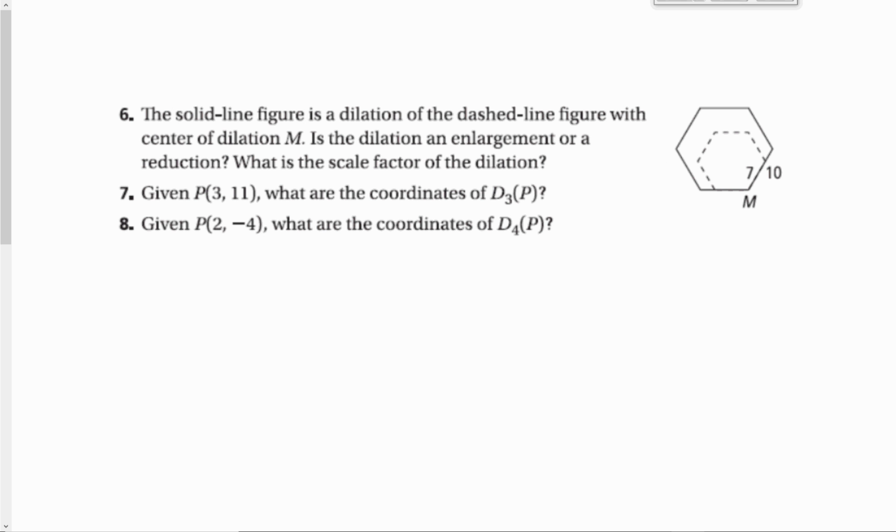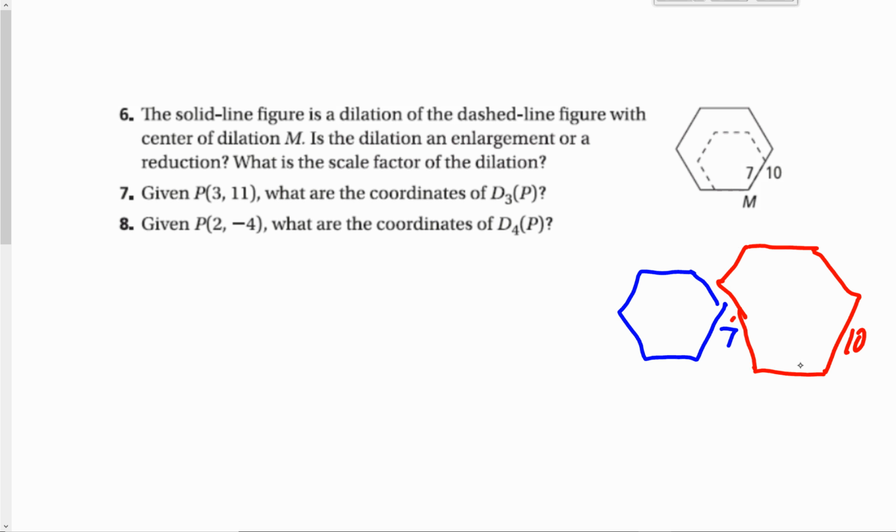Okay, so what we got here is two figures. We have this original, which is the dashed line, with the side of 7. And then we have this bigger one, whose side is 10.